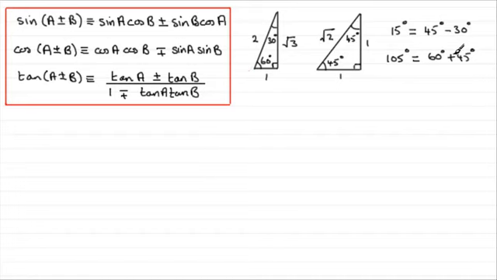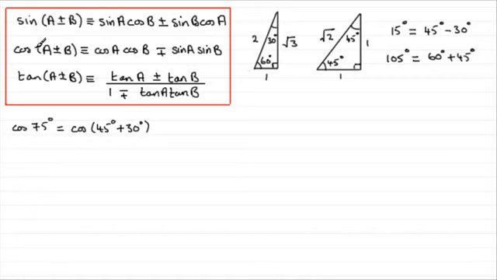Let's suppose we had to work out the cosine of 75 degrees. How can we get 75 degrees out of these angles? Easy. It's going to be the cosine of 45 degrees plus 30 degrees. So A is the 45, B is the 30 degrees.